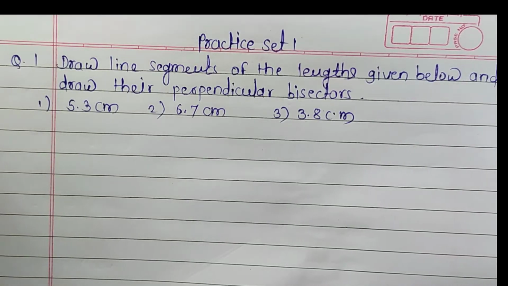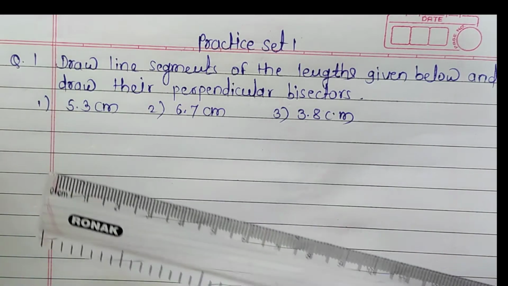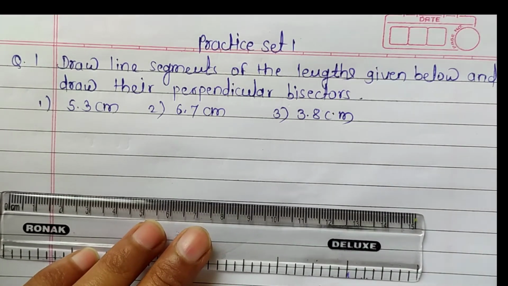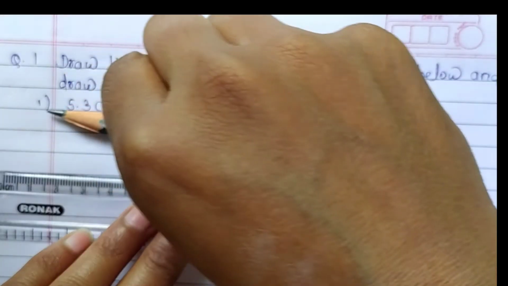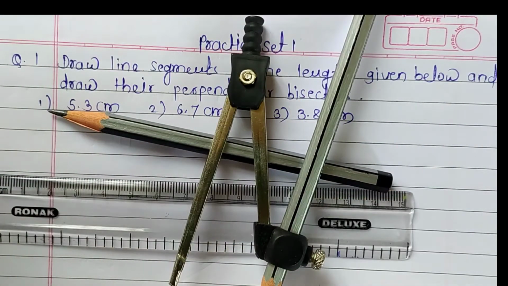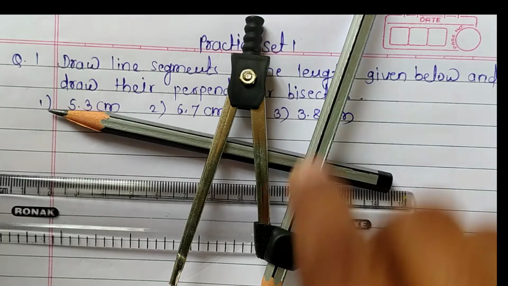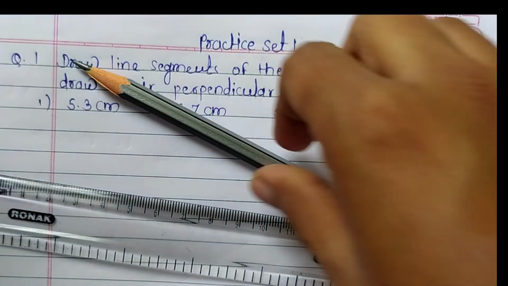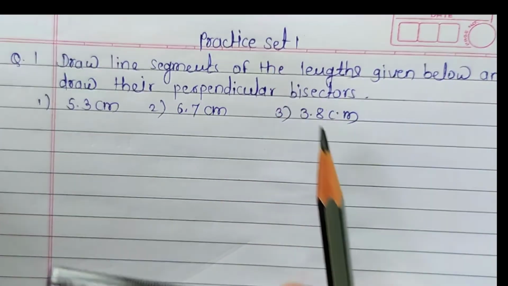To draw this, we are going to use a scale, pencil and compass. These 3 objects we need to draw the perpendicular bisector. So let's start.